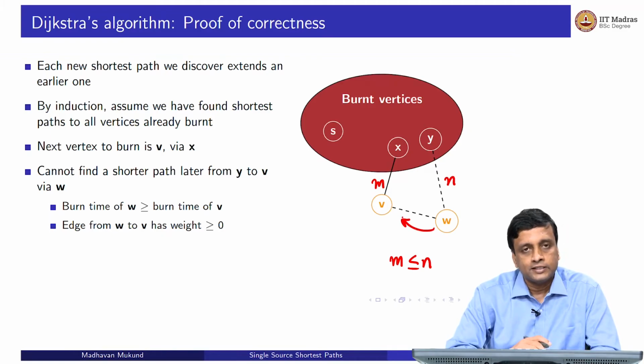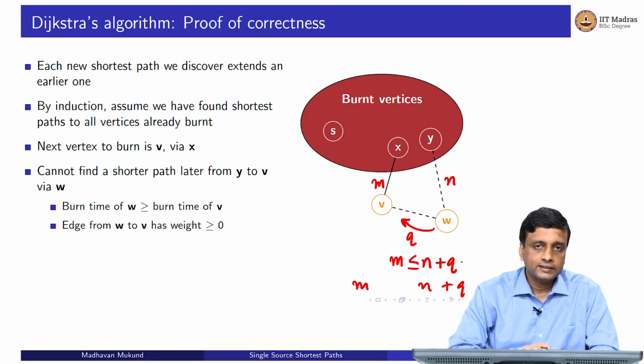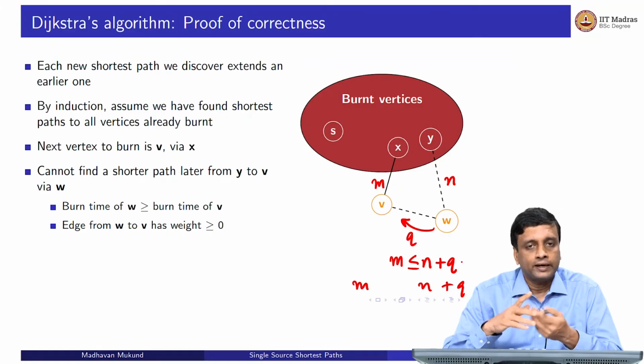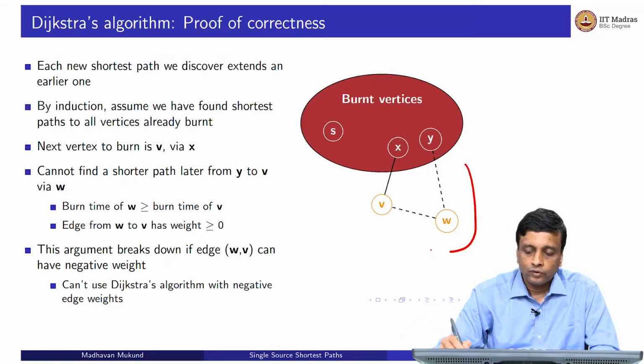So this has to be at least 0. So I have N plus some Q. I am comparing M to N plus Q, the two steps in the other direction. N is at least as big as M, and Q cannot be negative. So Q cannot reduce N. So this basically tells us that going around these two things cannot be shorter than coming this way.